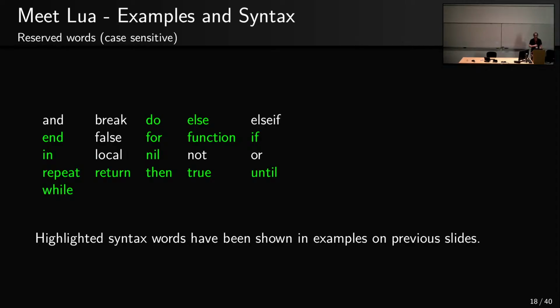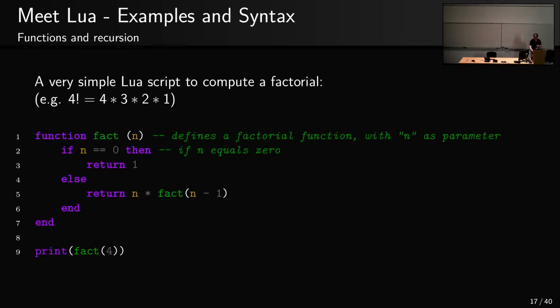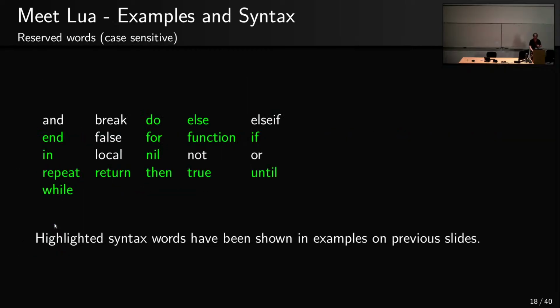So far, we've seen almost all of the syntax keywords that Lua supports. I should have mentioned earlier that every function is closed off with an end. There are no curly brackets in Lua at all. So you have a function, or an if, else, and the function itself also ends with an end, which is a reserved word in Lua.